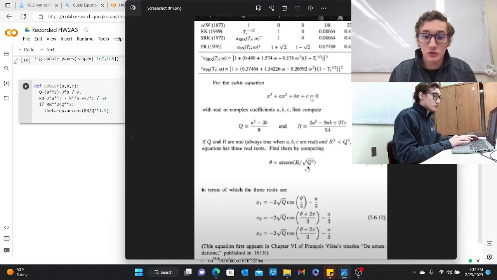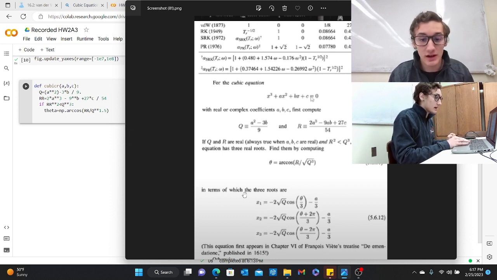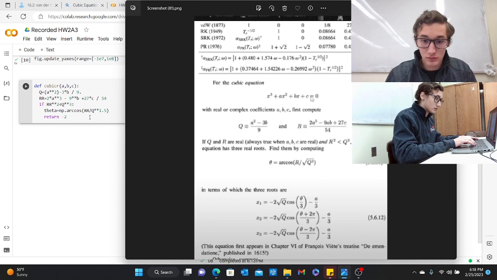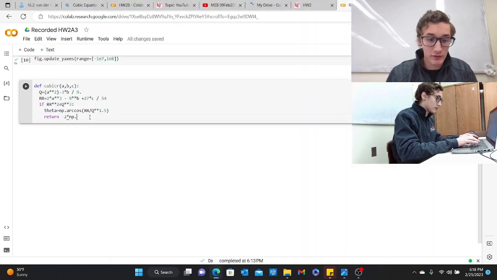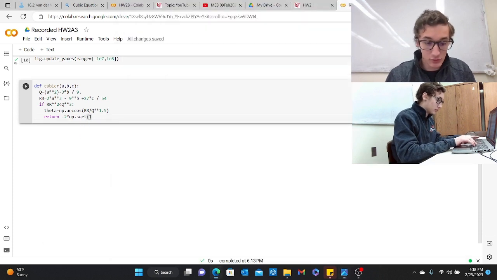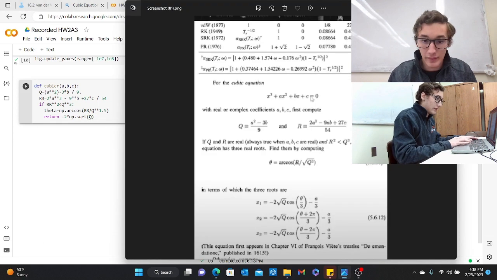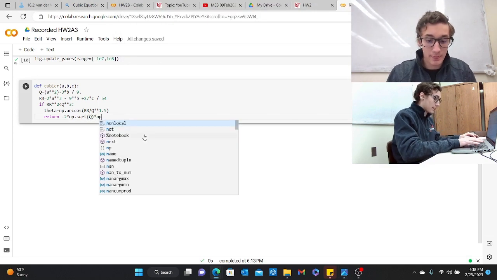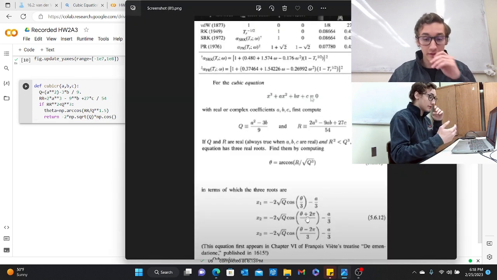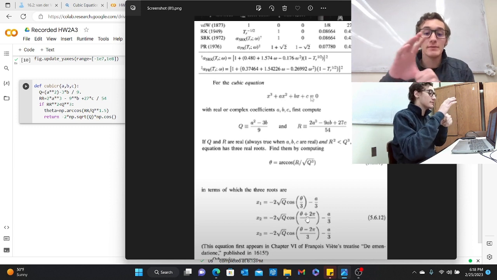And once we have that, we want to return our root values. So, because these are A, B, and C. So if you notice on all of them, we have -2 square root of Q cos. So we're going to want to return -2 times the square root of Q. And then we want to multiply that by the cosine of, we want to keep all of these variables in the same A, B, and C that we're using throughout.